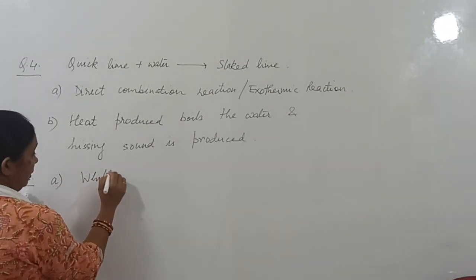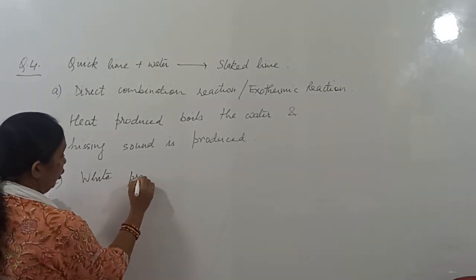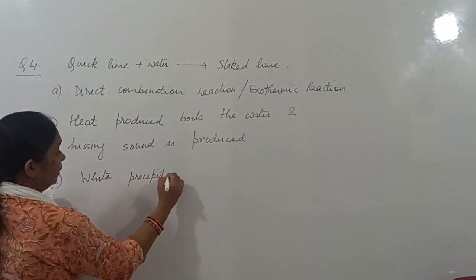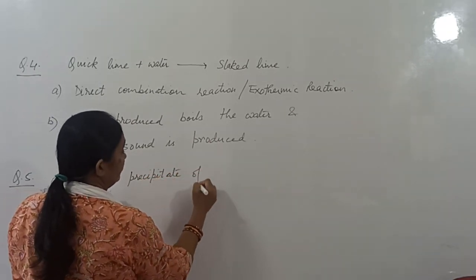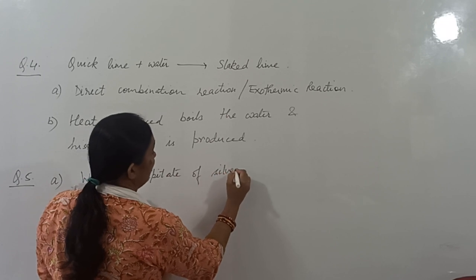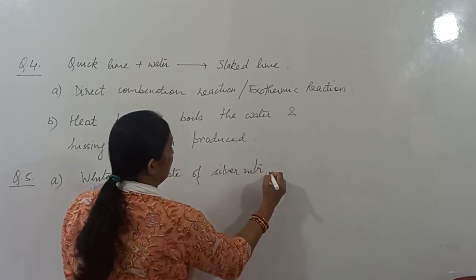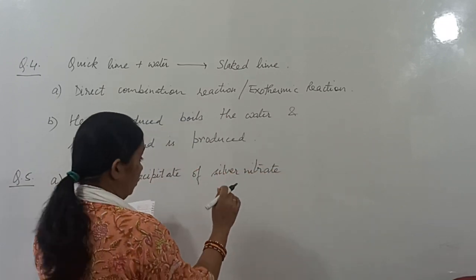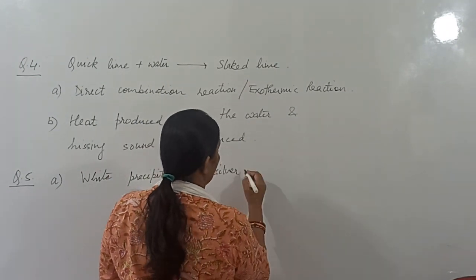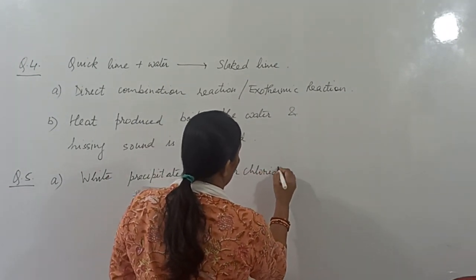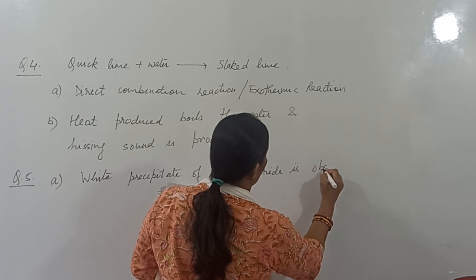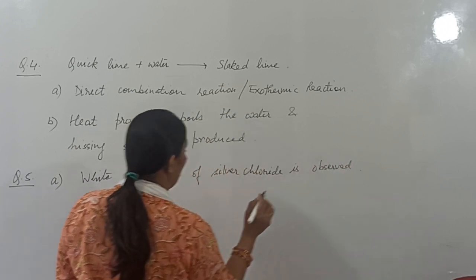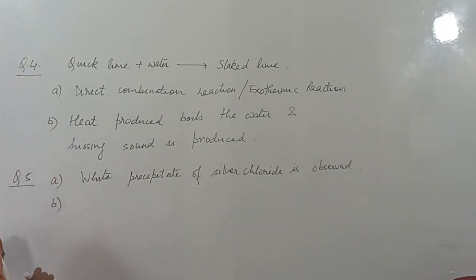So what will Rohan observe in part A? White precipitate of silver chloride is observed, and then you have to write the balanced equation.